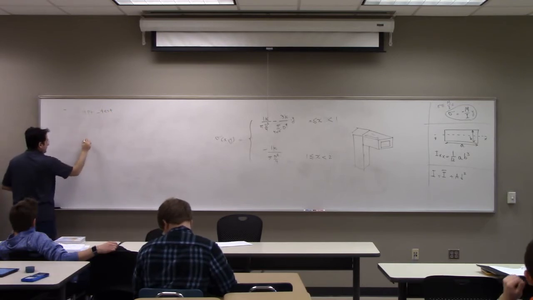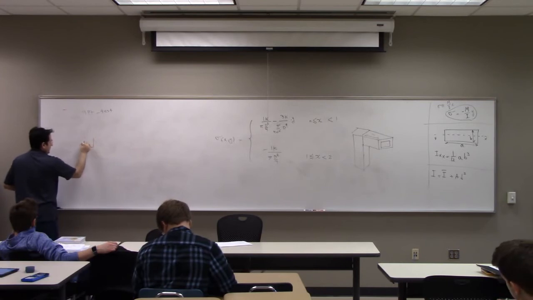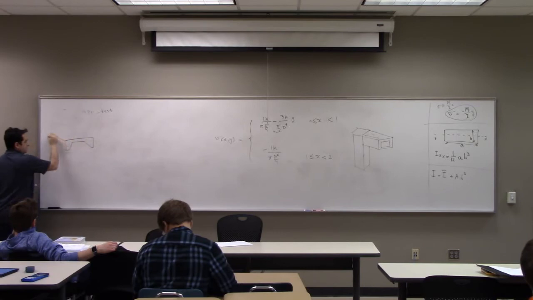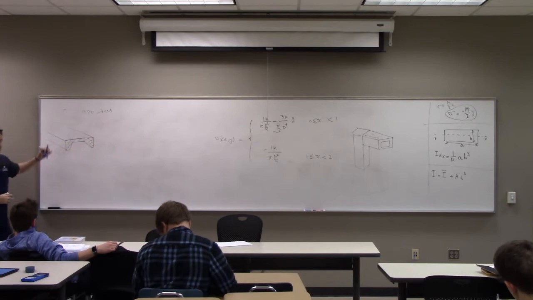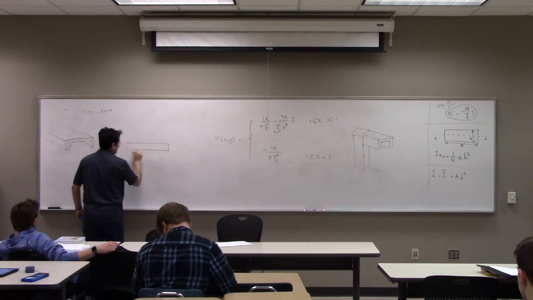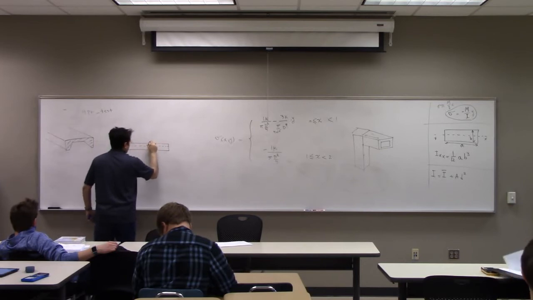When you have a complicated cross section like that, this is a beam, and then we fix it in a machine. This is from left, and we apply loading here. These are the support.